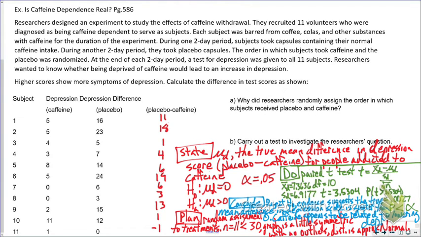Oh my gosh. Completely ran out of room. I hope that's readable. Reject H0. Evidence suggests the true mean difference in depression score is greater than 0. Caffeine appears to be related to lowering depression.